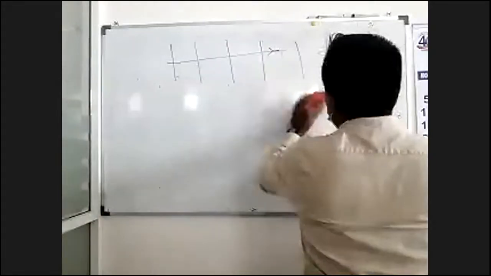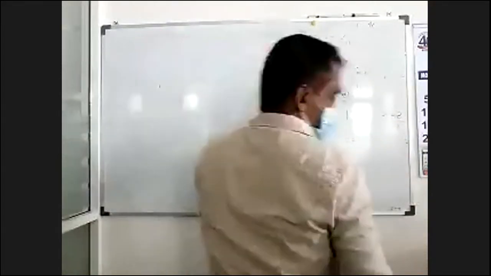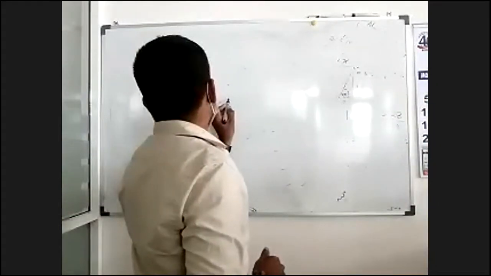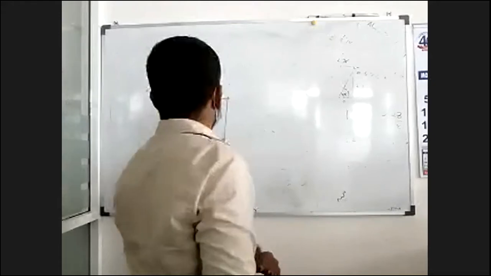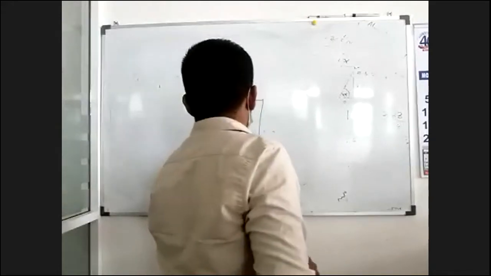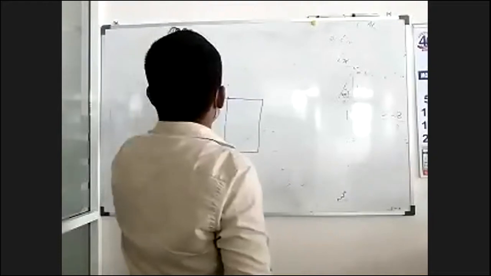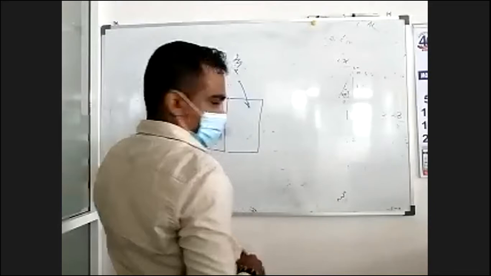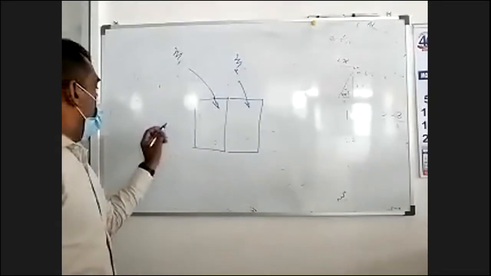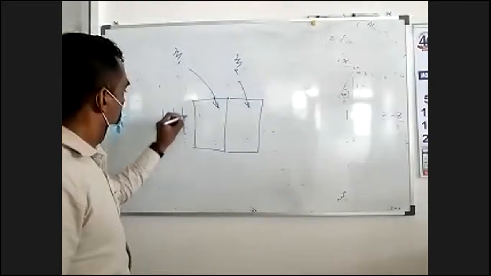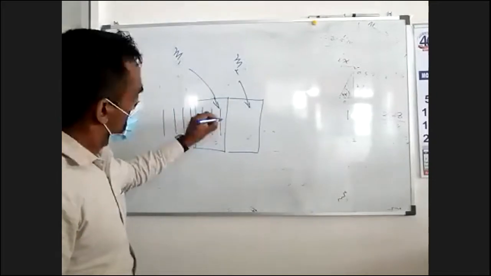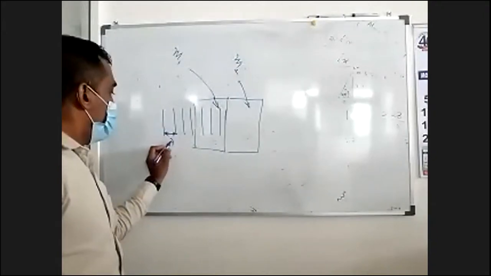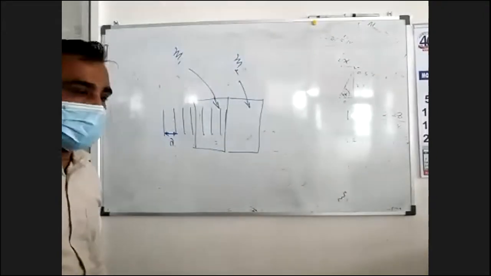So if an electromagnetic field moves from one media to another media, M1 to M2, those waves penetrated this distance, which is lambda.